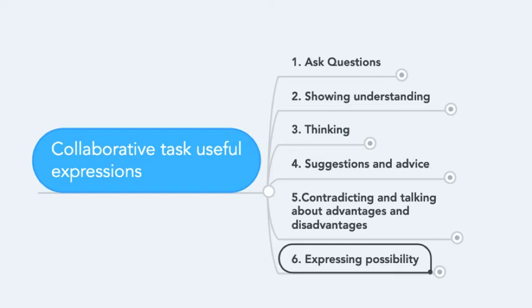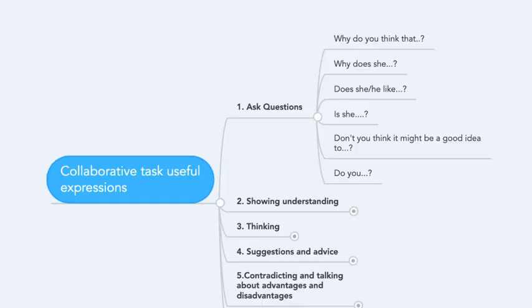Sometimes you have to contradict the examiner and talk about the opposite point of view. If he has a point of view, you should give the opposite point of view. Also, it's very important to express possibility. Let's move on to this.